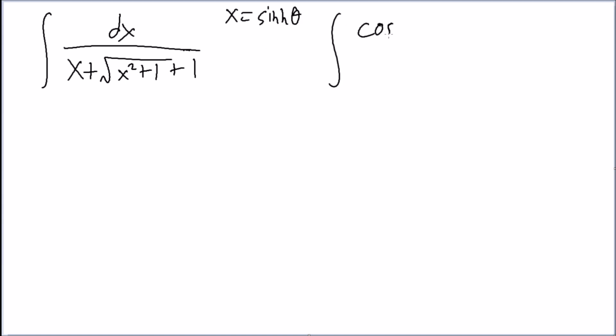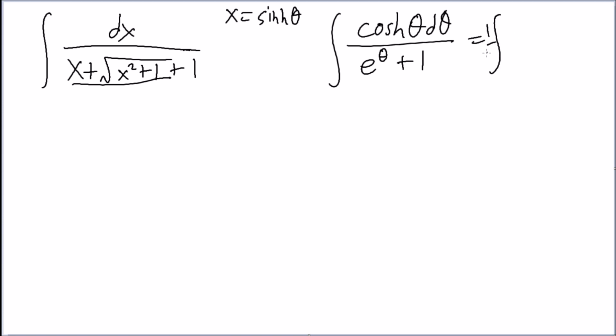Okay. Then this is cosh theta d theta. This whole thing here would be e theta plus 1. Okay. So it looks like we're gonna have to go hyperbolic. Hyperbolic it is. Have that half there. And we have this.